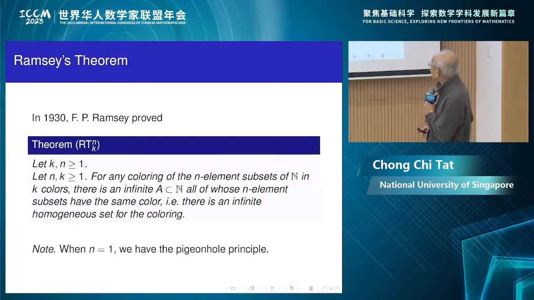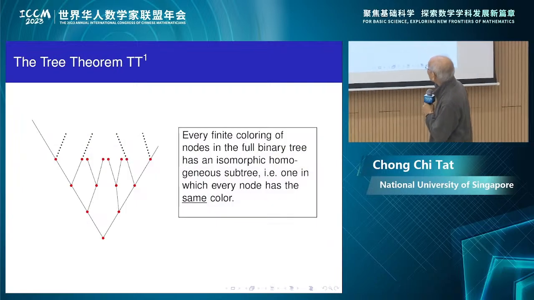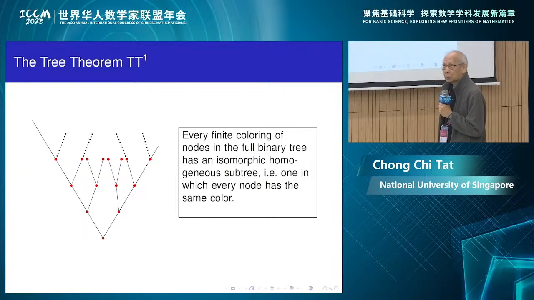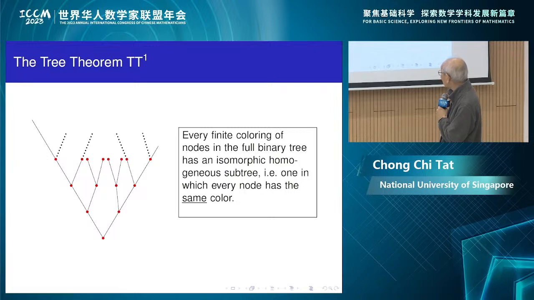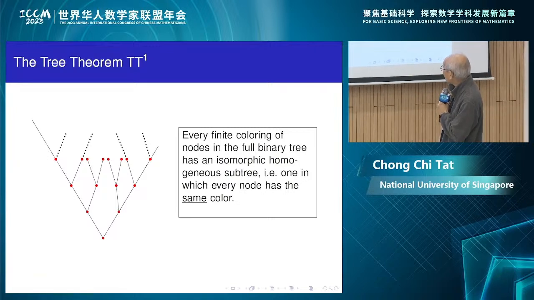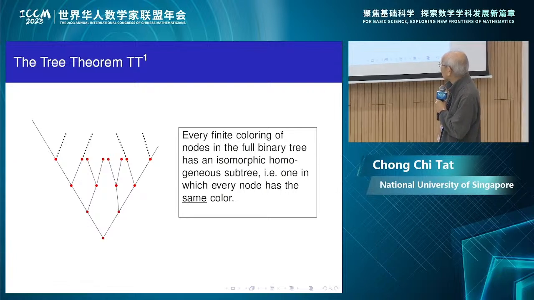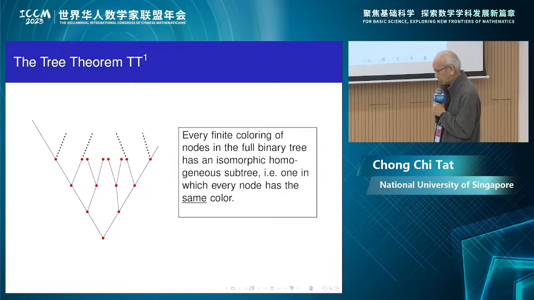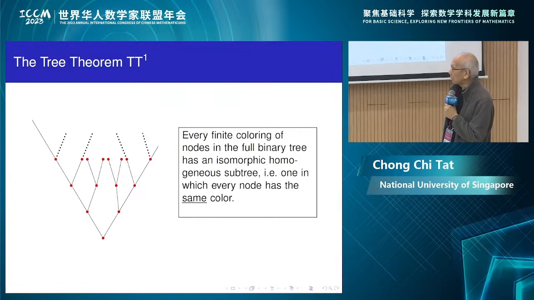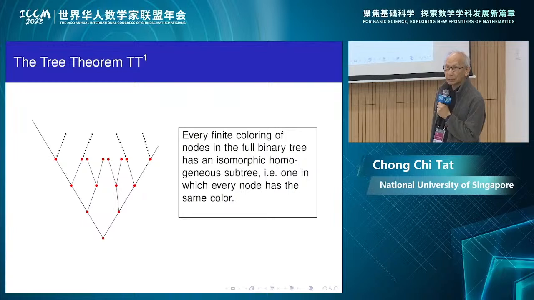The second theorem that I want to mention is the so-called TT1. That's a tree theorem, for the infinite binary tree. Here we take the full binary tree and then partition the nodes of the infinite binary tree into k parts, or similarly, we color the nodes of the binary tree in one of the k colors.